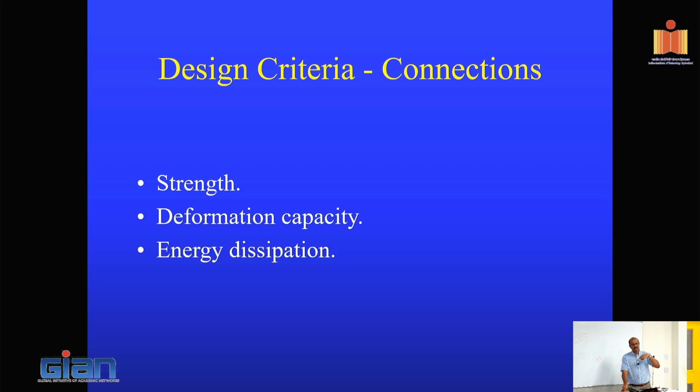Because of the plastification, you have energy dissipation taking place. Whereas in a jointed system like that, where we have control over what stiffness to design and what strength to design, it doesn't have energy dissipation, so I need to provide the energy dissipation. I need to control that. And deformation capacity, we can also control as to how much deformation is needed. So the advantage is that you separated everything in a jointed connection.